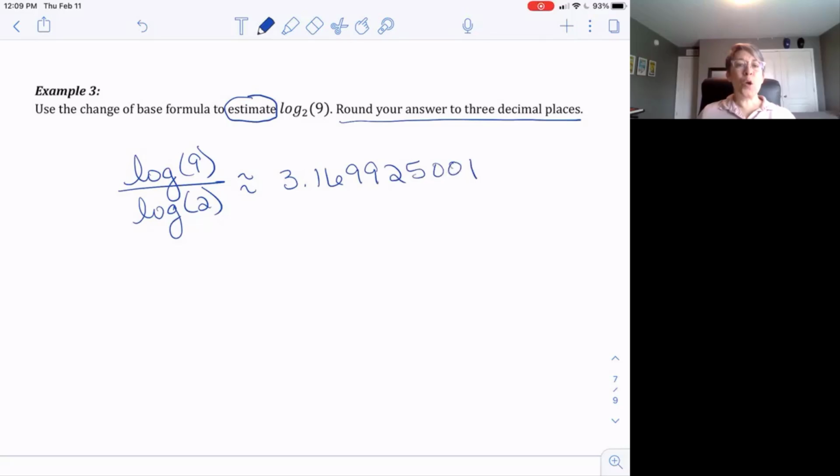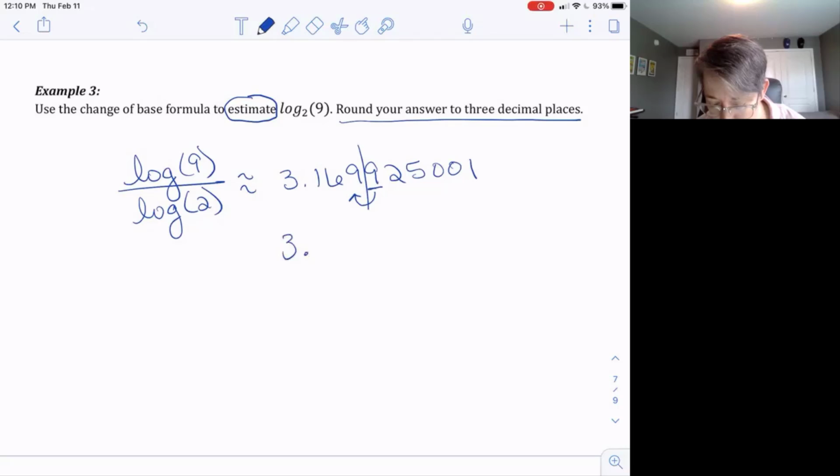3.169925001. But some of us have been getting our homework problems wrong, not because we're doing the work wrong, but because we're not rounding our answers correctly. So when it says to round to 3 decimal places, 1, 2, 3, we still have to look at that next number and round up. Granted, if we look at it like hundreds, 169, it's going to round up to 170 or 0.170.